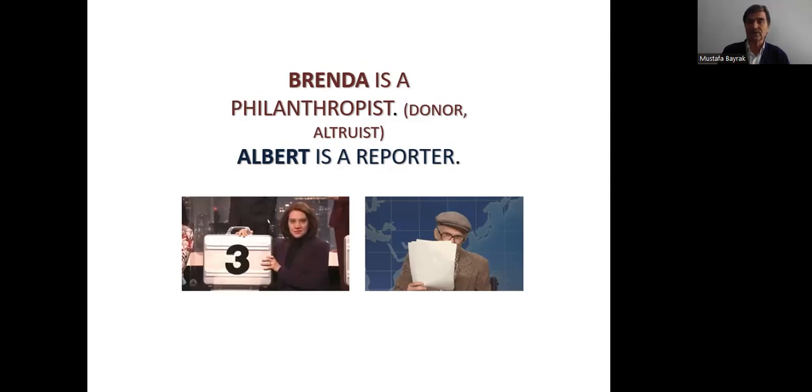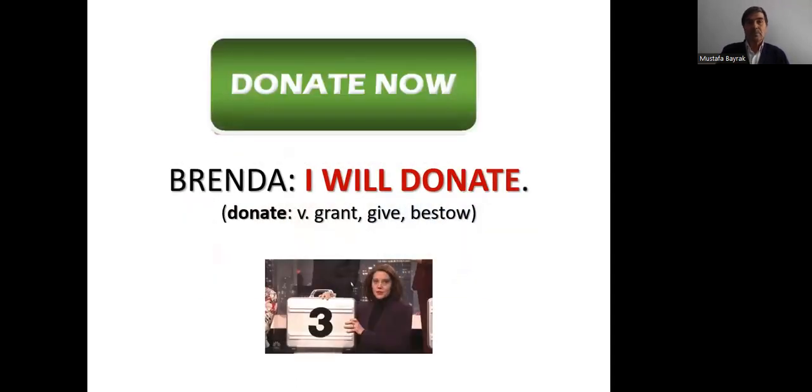Albert is a reporter. Again, a to be sentence. The gentleman on the right is Albert, and he is a reporter. Now, for example, Brenda sees a sign like this: donate now. We need your donation.